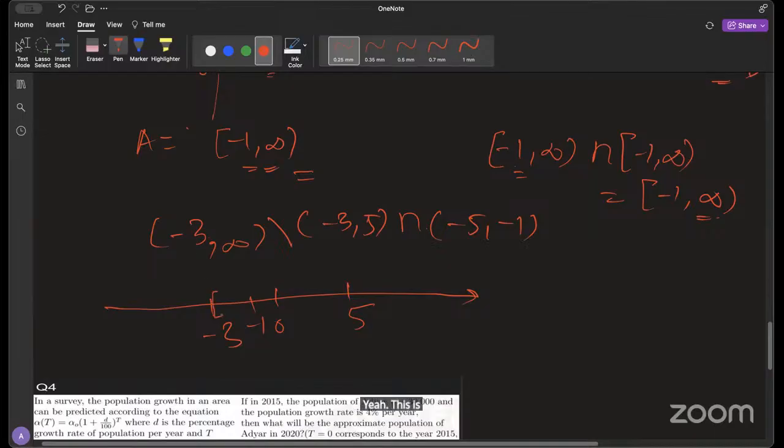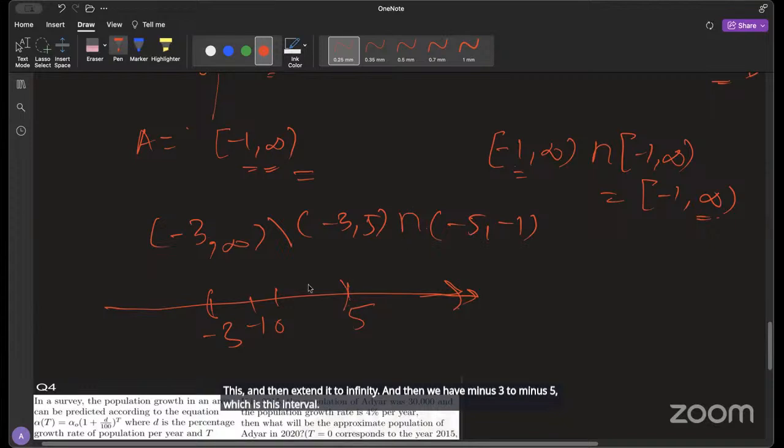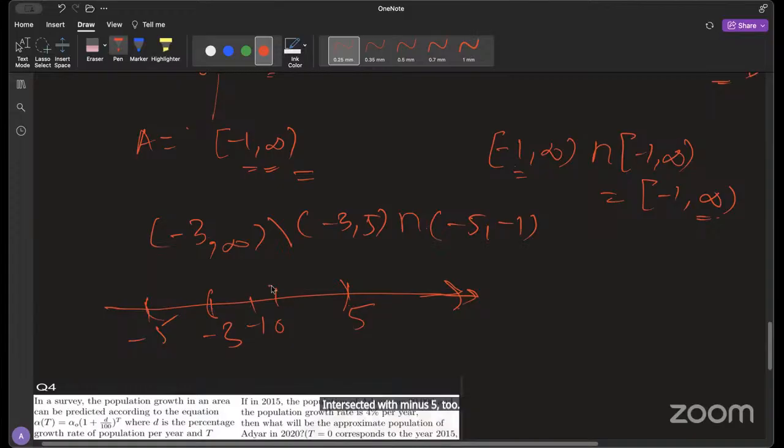This is the interval -3 to infinity. Actually, the open interval. This, and then extended to infinity. And then we have -3 to 5, which is this interval, intersected with -5 to -1, which is this interval, and the intersection is this, -3 to -1.